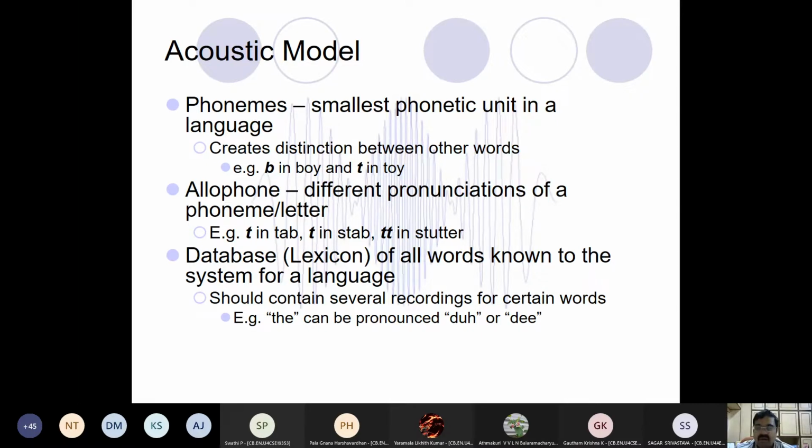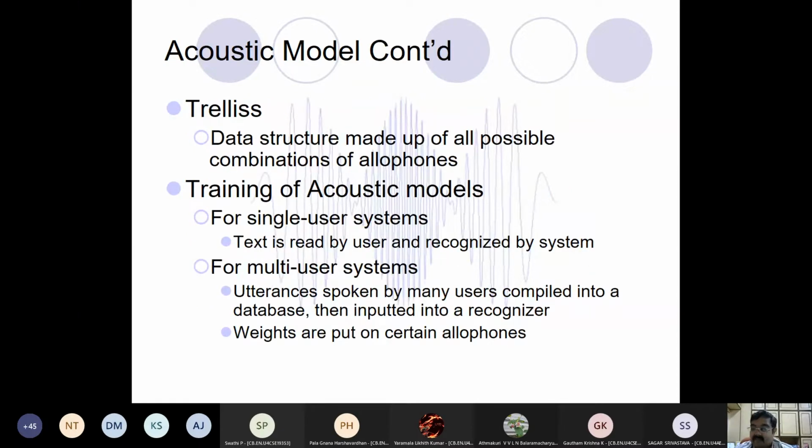So the lexicon or the database is huge. There are different dialects, different pronunciations, different accents, which make this a very complicated system. It is very difficult to have a trellis. A trellis will be a data structure consisting of all possible allophones.